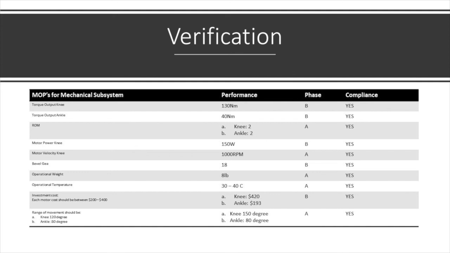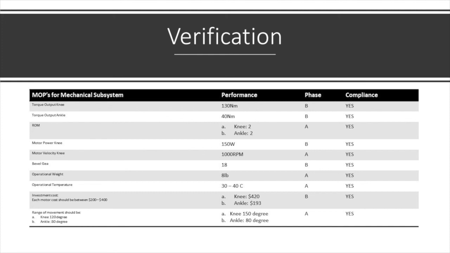Our MOPs are the torque output needs, which is about 130 Newton-meters, and the torque output of the ankle, which is 40 Newton-meters. The range of movement, for which we have two for the knee and two for the ankle, was defined in phase A. The two previous ones were defined in phase B.